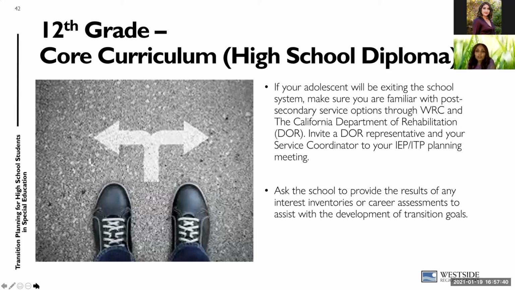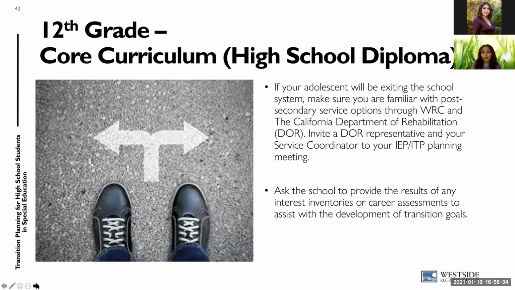So when the child leaves high school with a high school diploma, the educational relationship between the district and the individual stops right there. So they're no longer going to belong to the school district. They're not going to get their educational services through the school district.